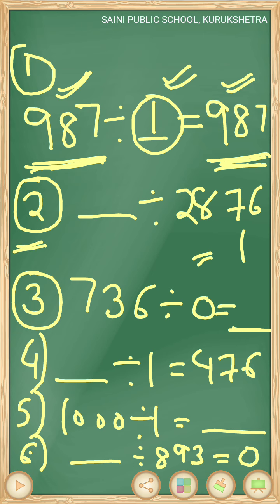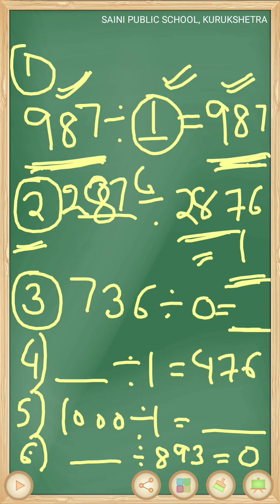Now second question, dash divided by 2876 is equal to 1. Now in this question, the quotient is 1. So what should go here? This is only possible when both numbers are the same, meaning our dividend and divisor are the same.